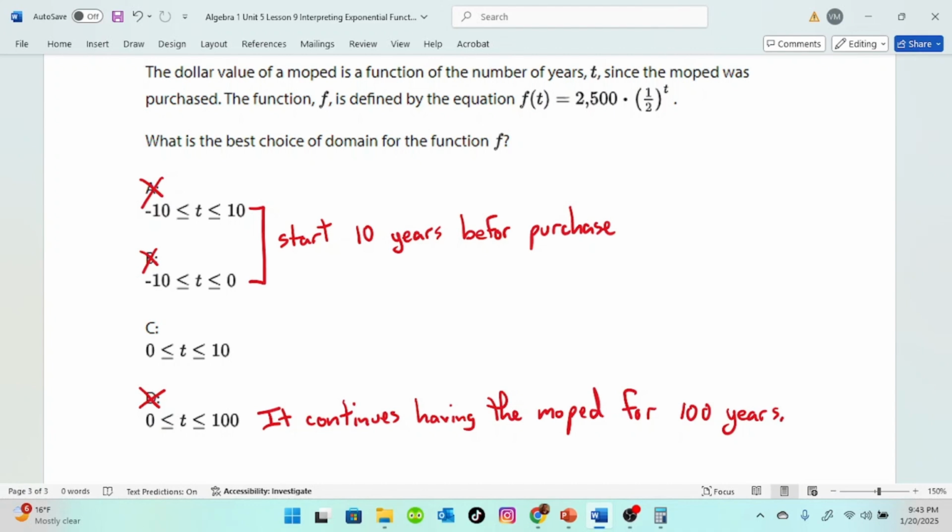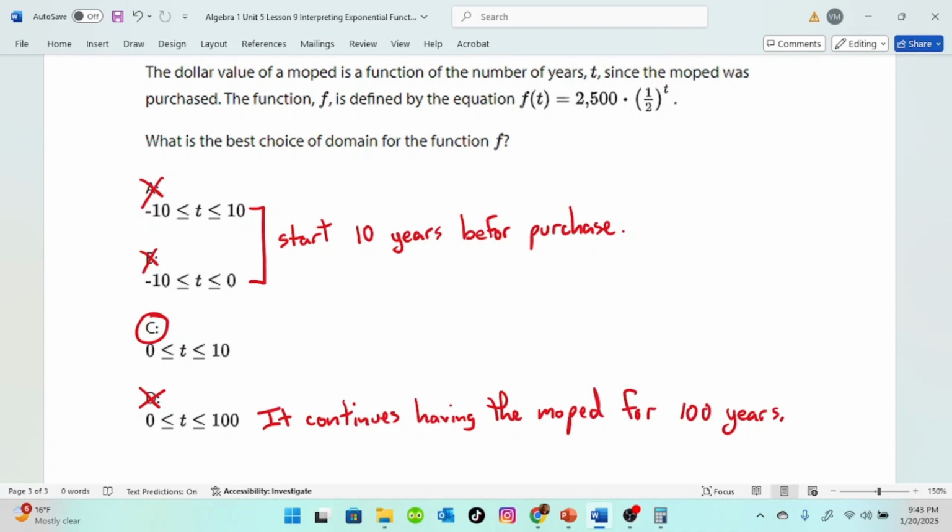And that's just not realistic. So C, logically and realistically, is the best choice out of these four answers, even if it may not be mathematically correct.